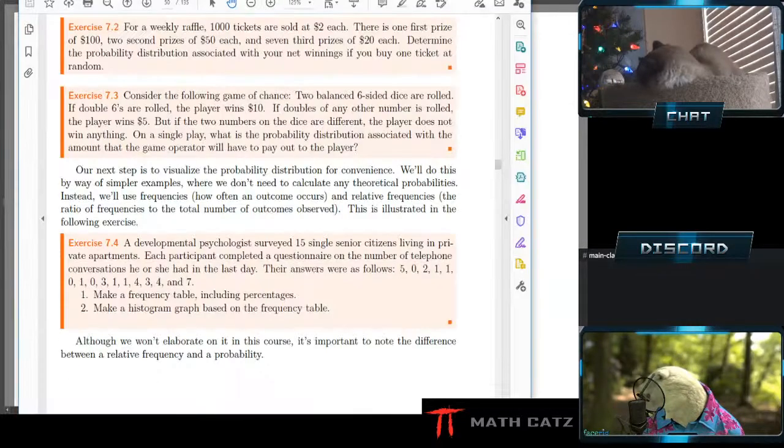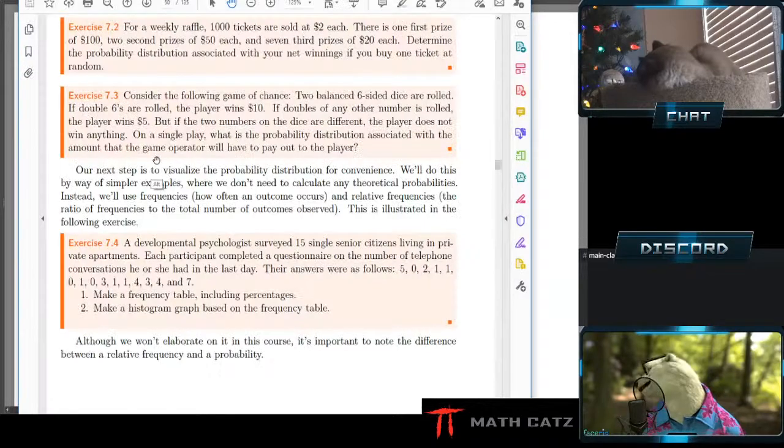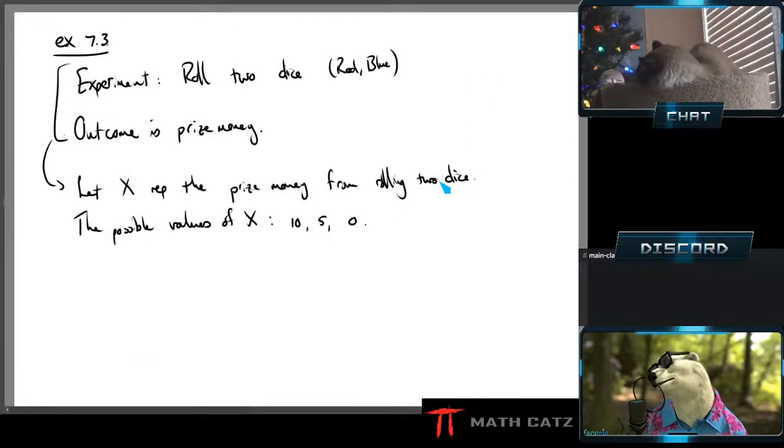So first of all, best case to worst case, I could win as a player $10 or $5, or of course I could win nothing. But that covers everything that could happen. Now, how that could happen plays a big role in the experiment. It's not the experiment, yes, I suppose, in the probabilities. So let's give this a heading here.